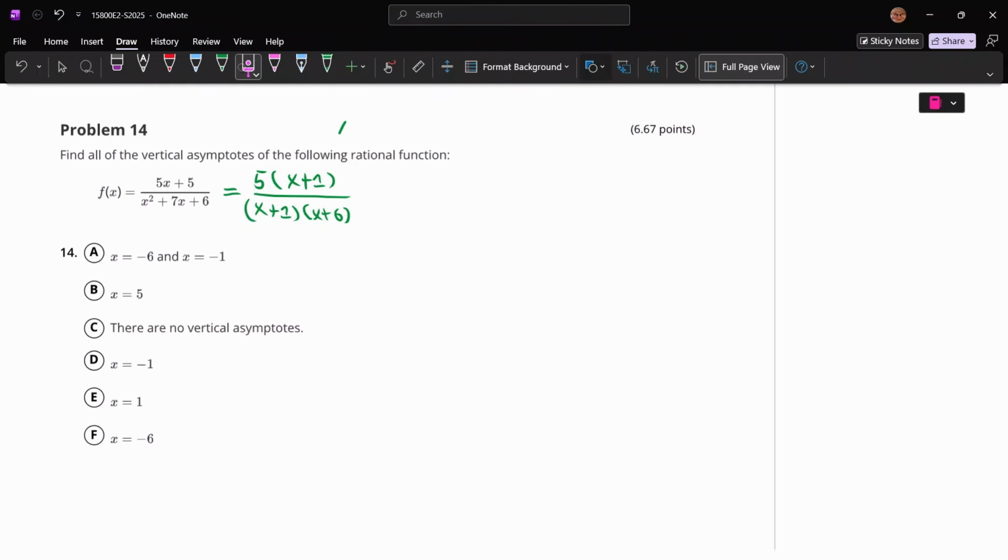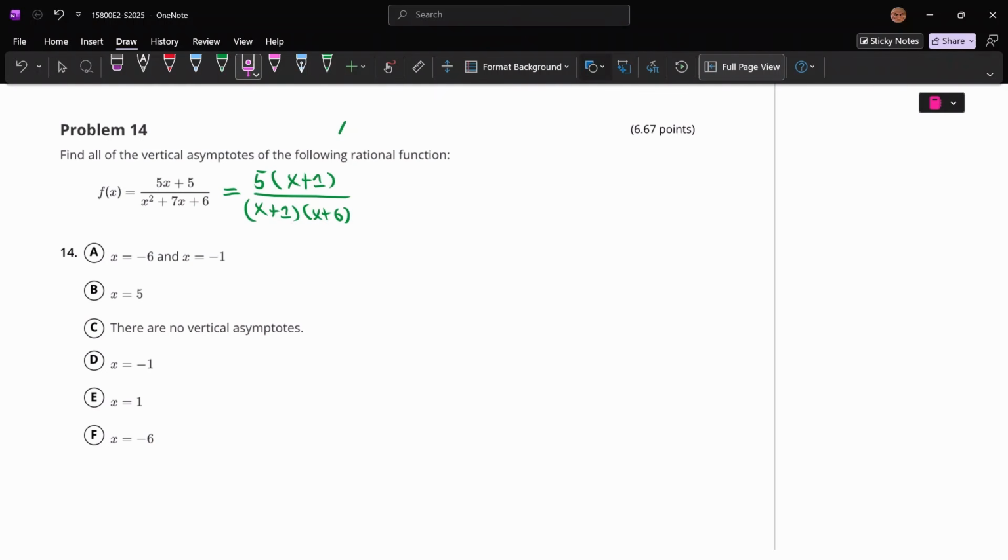One thing to note, though, is that it might be easy to say that we're going to have a vertical asymptote here and here because we have 2 terms in the denominator that could give you a divide by 0 issue, which would give you an undefined answer. But that is wrong, because that's assuming that a vertical asymptote is the only type of discontinuity which you could have, which is not true.